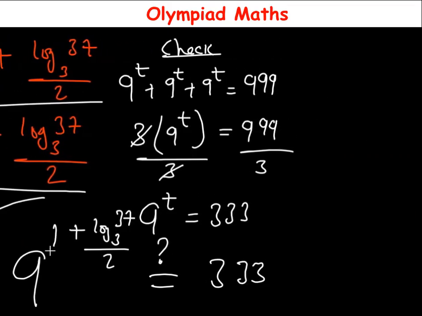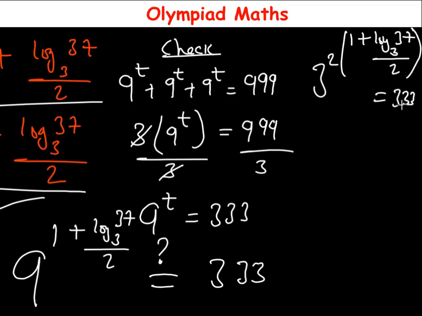From here, 9 can be written as 3 squared. So 3 squared, all raised to power 1 plus log 37 base 3 all over 2, with this equal to 333.